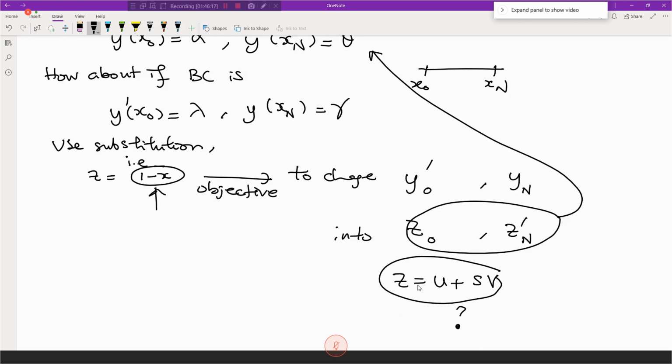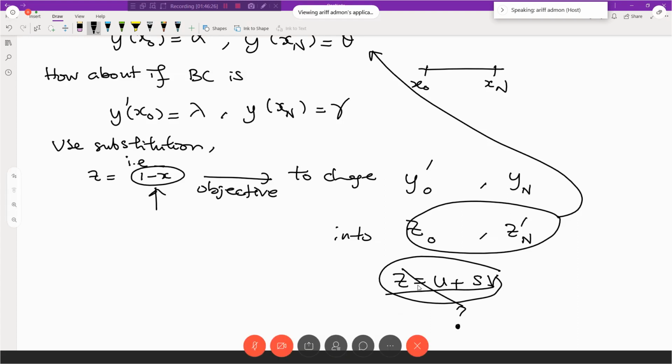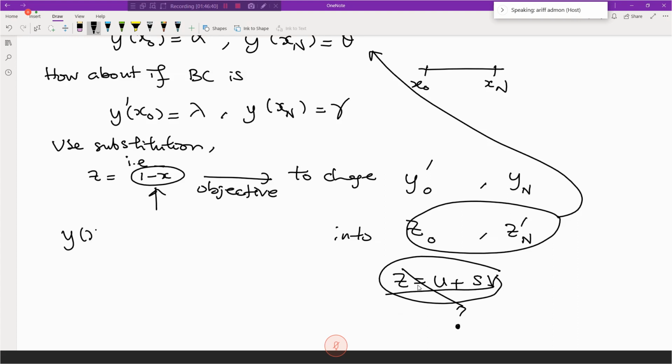We are not changing Y, we are changing X. So maybe this is not Z naught. Maybe this is Y in terms of X, and now we are getting Y in terms of Z. Yeah, and then this is correct.